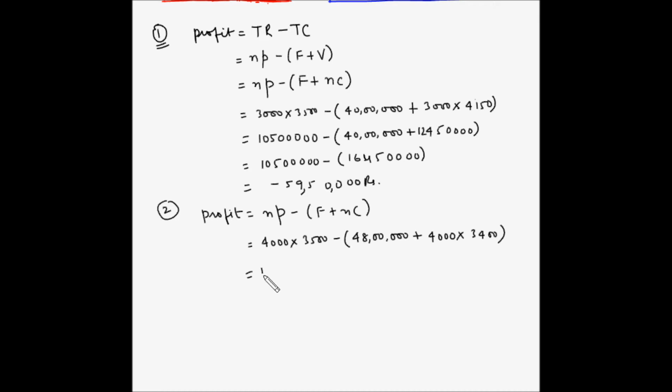So this is equal to 140,000,000 minus 48 lakhs plus, let me put some commas here. Okay, so 4 fours are 16, 3 fours are 12, plus 1, 13, 0, 0, 0, 0, 0.